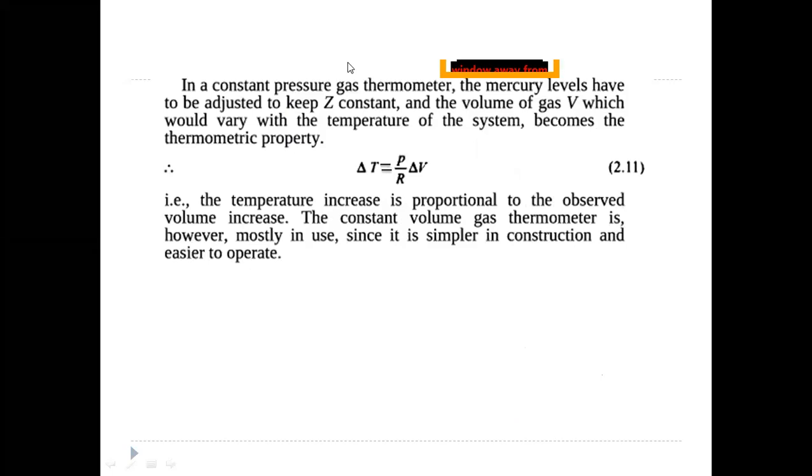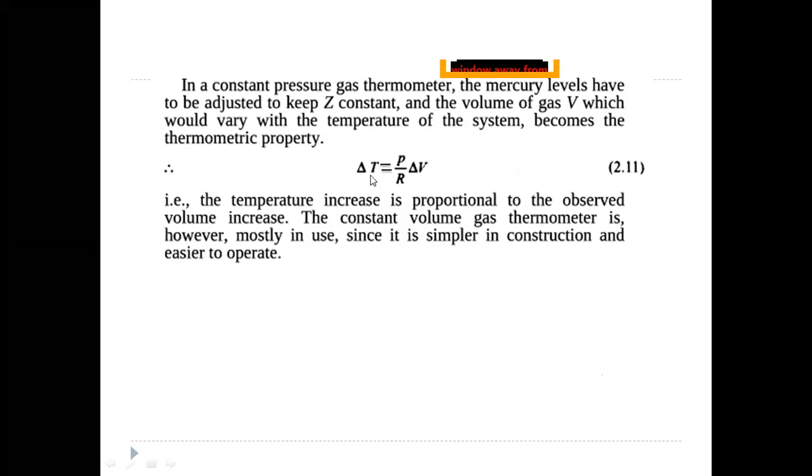Whereas if you take a constant pressure gas thermometer, the mercury levels will be adjusted and the volume of the gas will vary while the pressure remains constant. In the constant volume gas thermometer, the volume is kept constant and the thermometric property is pressure, whereas in the constant pressure gas thermometer, the levels have to be adjusted to keep the pressure constant and the volume of the gas will vary.